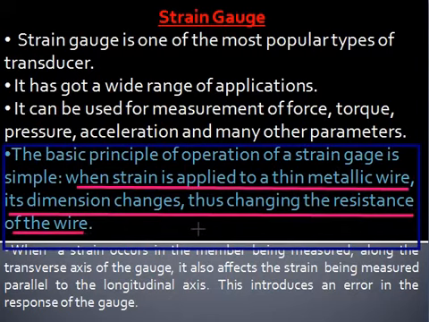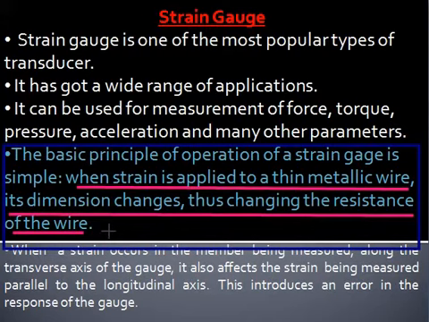its dimension changes, and due to the change in the dimension, the resistance of the wire changes. And we know that if the resistance of any wire is changing, then in the circuit consisting of that wire, either voltage or current will definitely change.